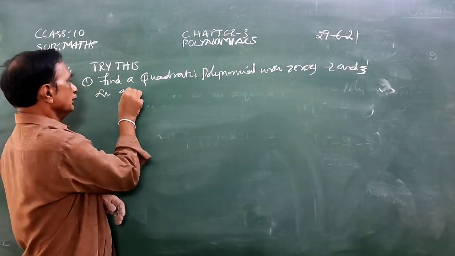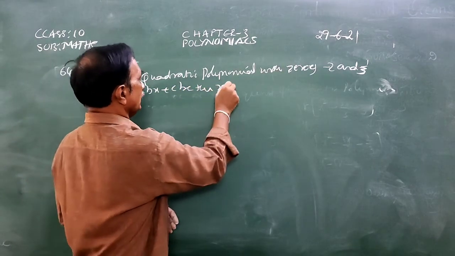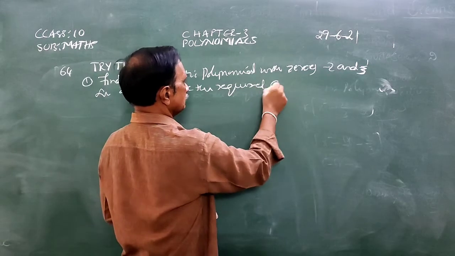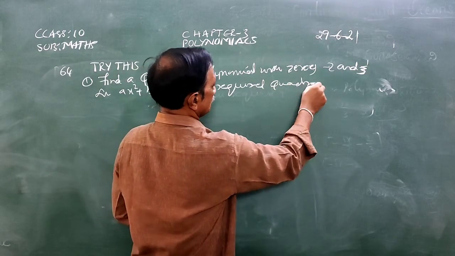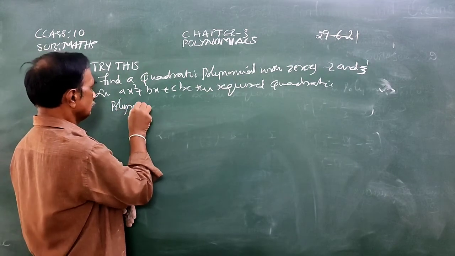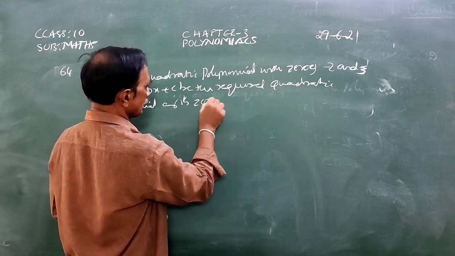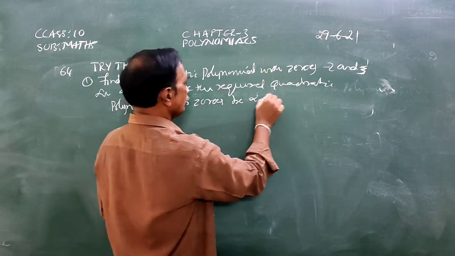Let ax square plus bx plus c be the required quadratic polynomial, and let its zeros be alpha and beta.